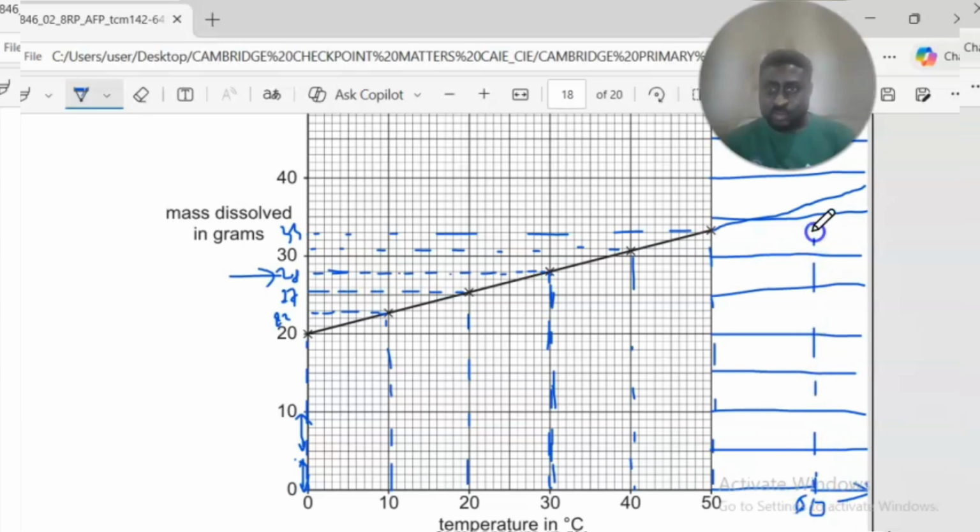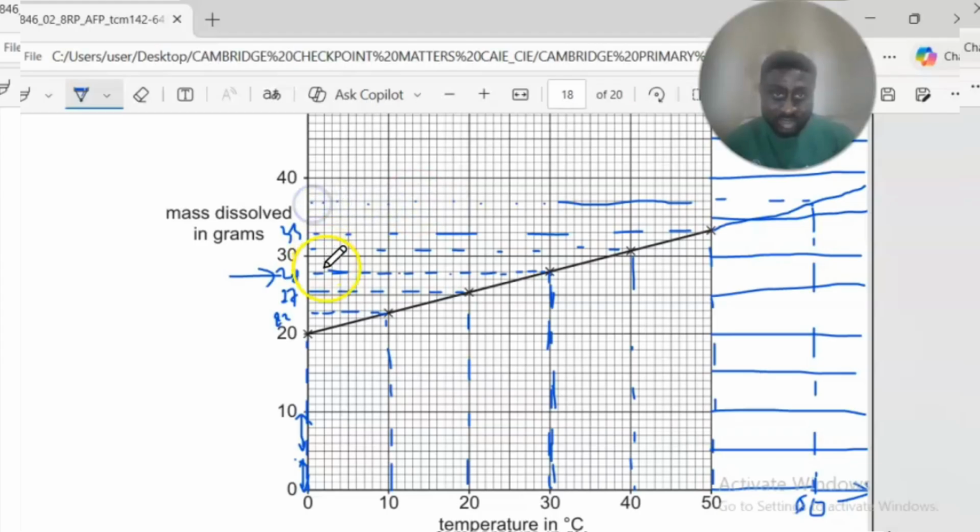So where this touches the line of best fit, then you trace it to the graph. So this is the line. It's on this line. We keep going. Yeah, it's on this line. So I'm using broken lines now to trace it until I get to the mass axis.